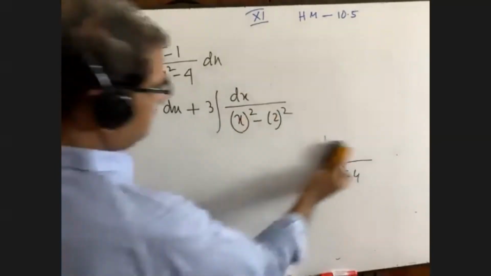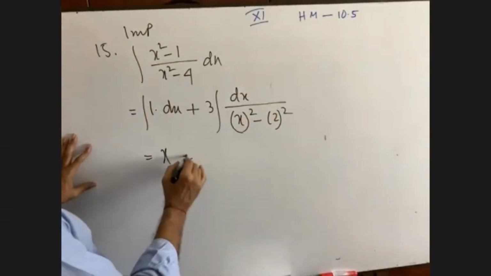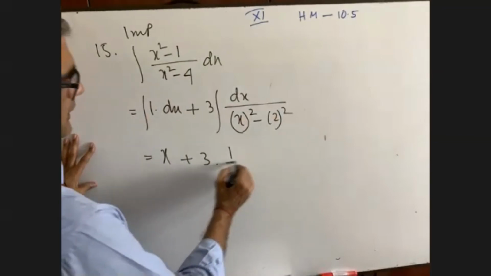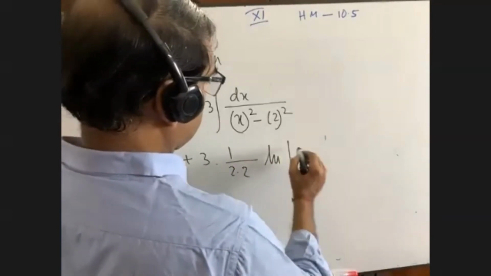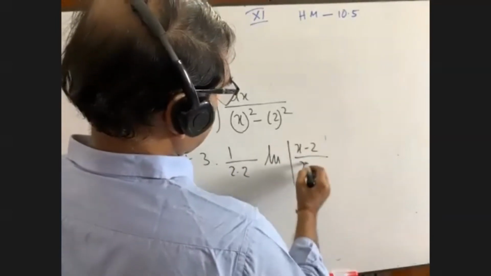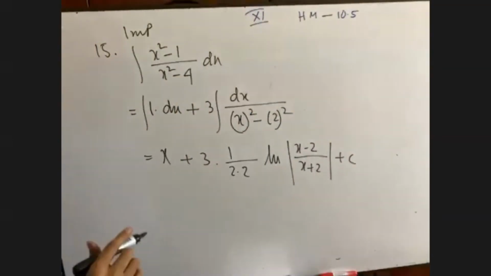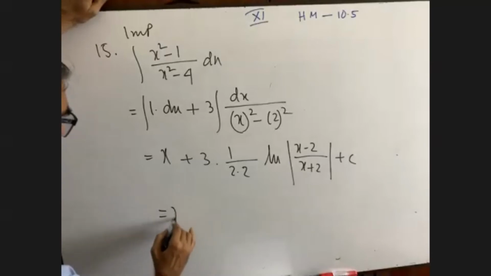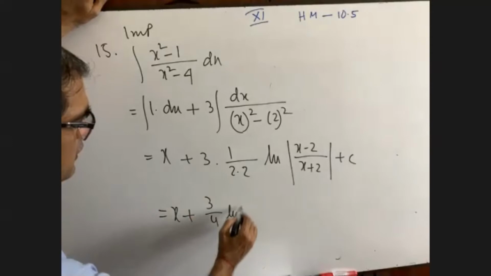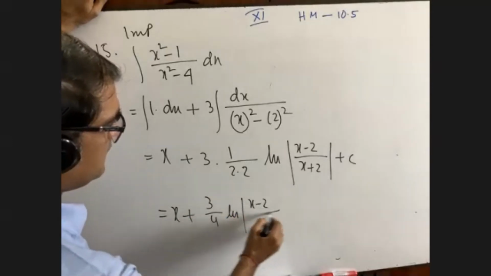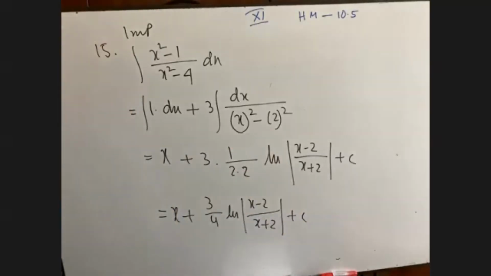Now you see what the formula is. It is 1, so we are getting just x. It is 3 into 1 by 2a, ln of x minus 2 by x plus 2 plus c. That means we are getting x plus 3 by 4 ln of x minus 2 by x plus 2 plus c. This is the answer.